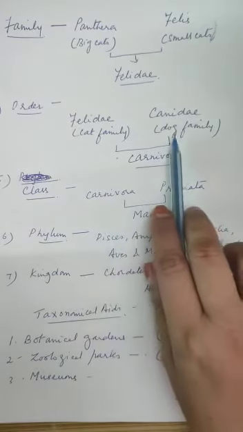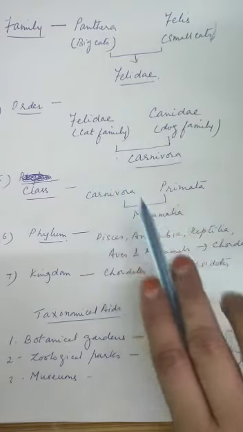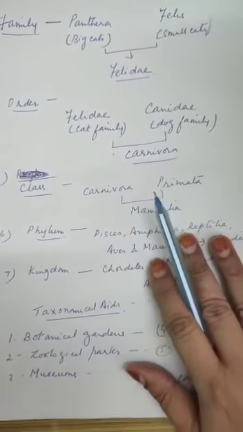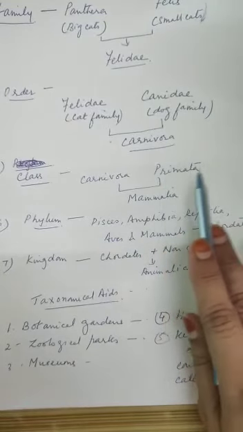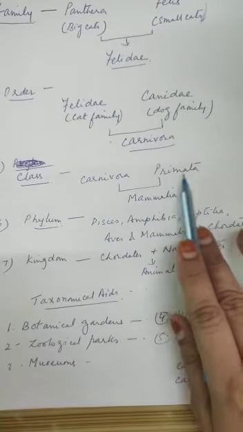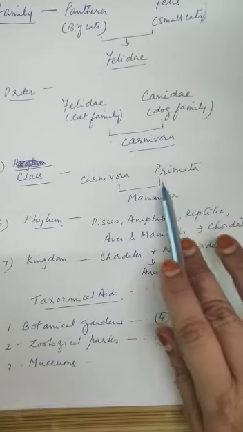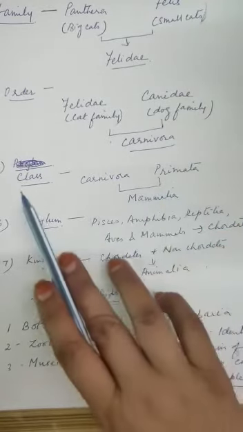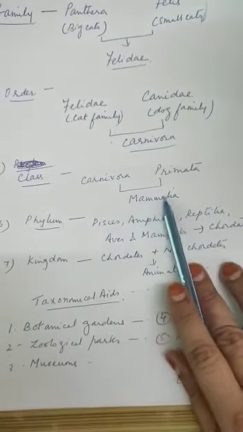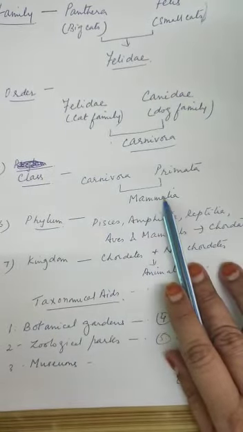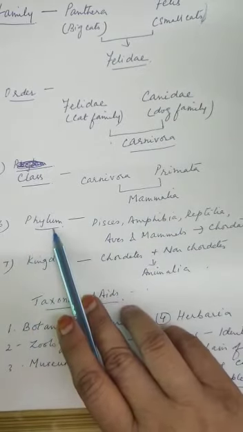Carnivores including all kinds of dogs and cats, and the primates including human beings and all kinds of monkeys, apes, etc. They share some basic common characteristics due to which they are placed in the same class called Mammalia.